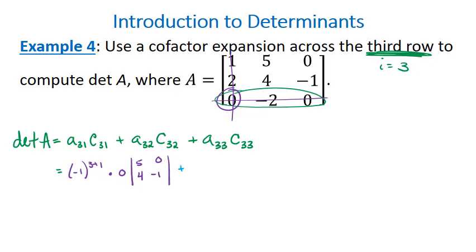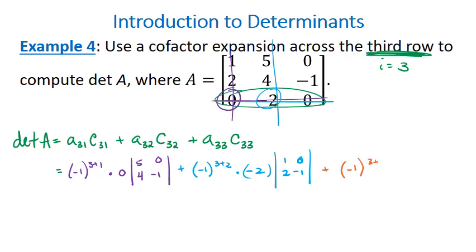Okay, let's move on to the third row second column. Third row second column, that entry is -2. And that matrix is the following. All right, and then the last entry, third row third column, that is also a 0. So we'll have 0 times the determinant of this matrix here.